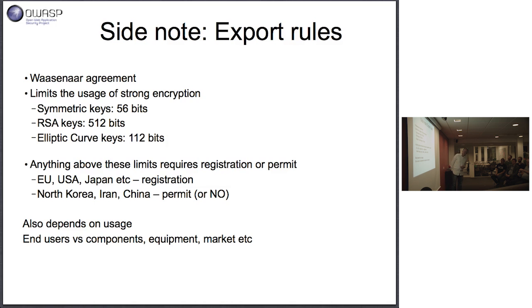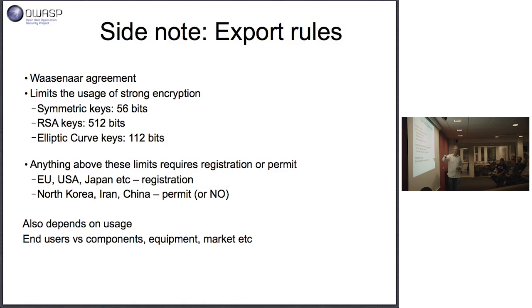Anything up to a 56-bit symmetric key or a 512-bit RSA key, if you're using that up to that limit, then you can export as much as you want, at least to the EU, USA, Japan, what have you. If you go beyond this, and we normally do, then if you're exporting to the EU, for example, you should send a note to Inspektionen för strategiska produkter to tell them that you're going to export.